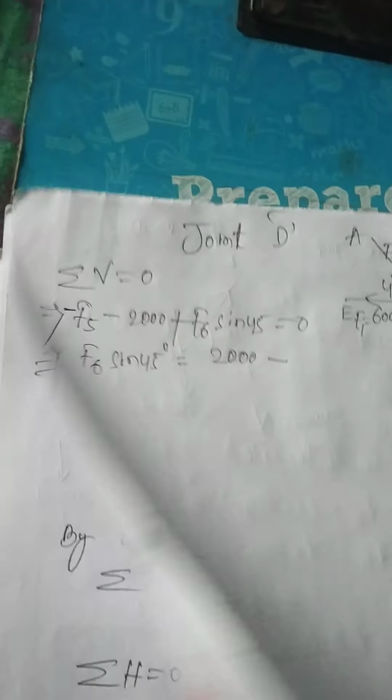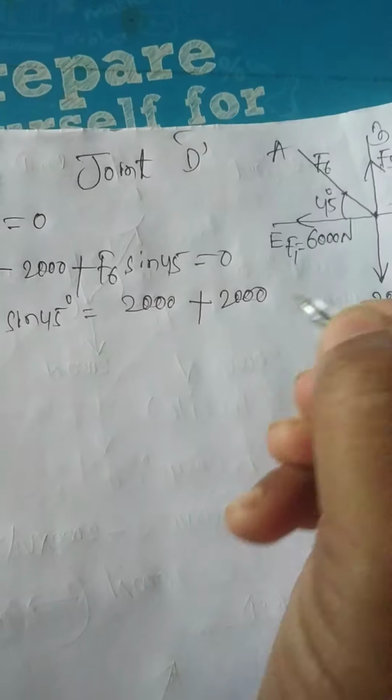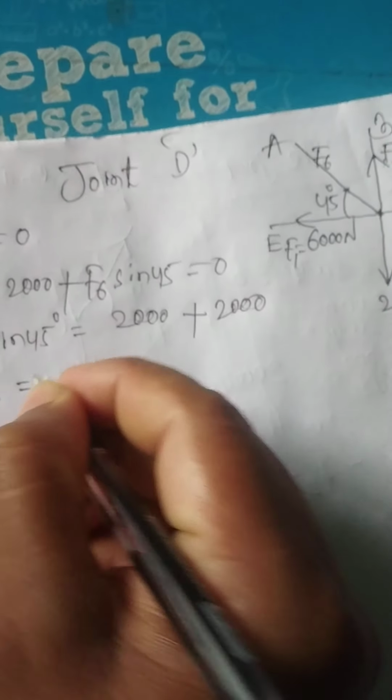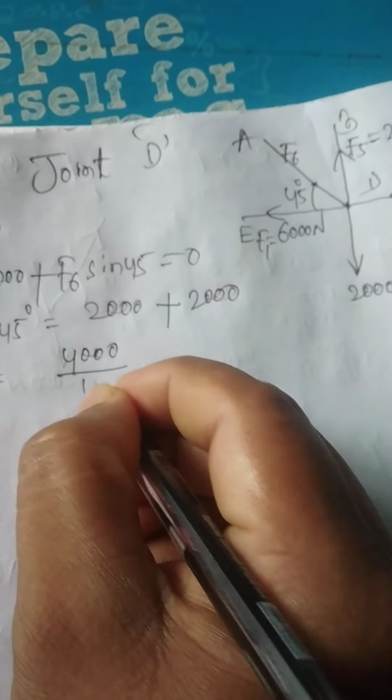What is the value of F5? F5 we got, that is minus, compressive value. So we can put here minus. So minus 1 is plus 2000. Then this implies that F6 is equal to 4000 divided by 1 by root 2.